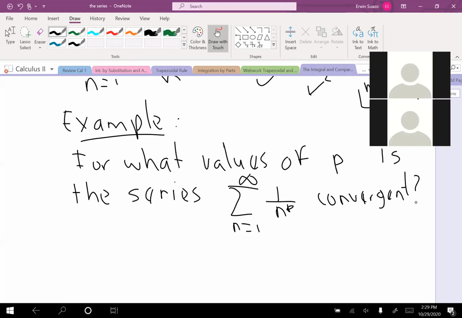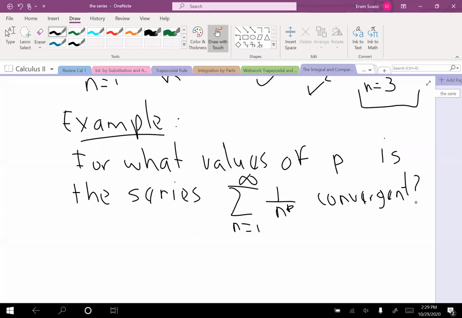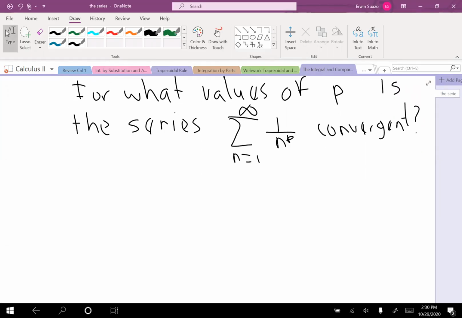Okay, so what we're going to do, let's see, somebody texted me. Okay, I'm just checking the chat just in case. Okay, so we need to check this 1 over n to the P. So a sub n is 1 over n to the P. So this is f sub n, right?